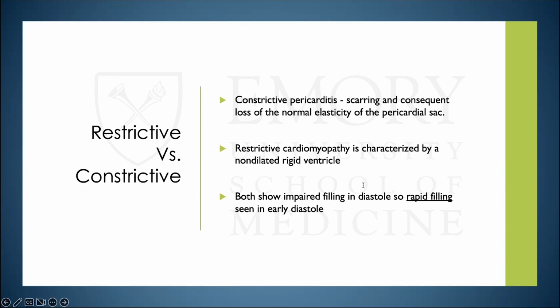Restrictive cardiomyopathy is very similar in that regard, and it can produce very similar hemodynamic changes to constrictive pericarditis. They can both lead to diastolic heart failure, with normal or near normal systolic function. But because the treatment differs for each, it's very important to figure out which disease process is at play for your patient.